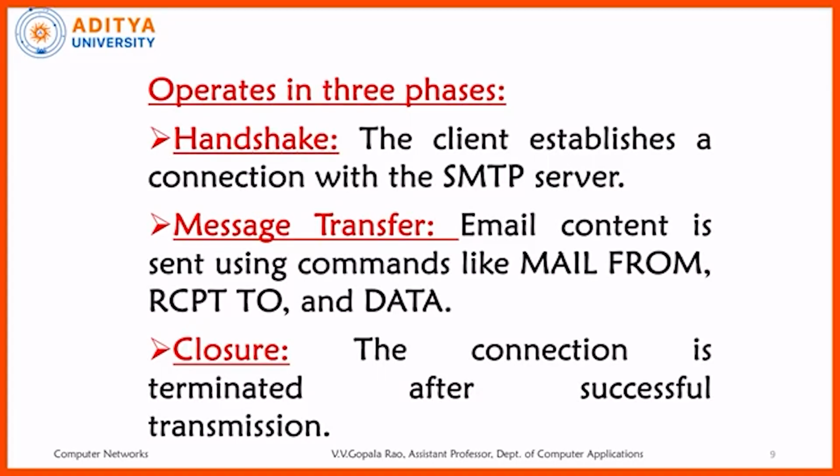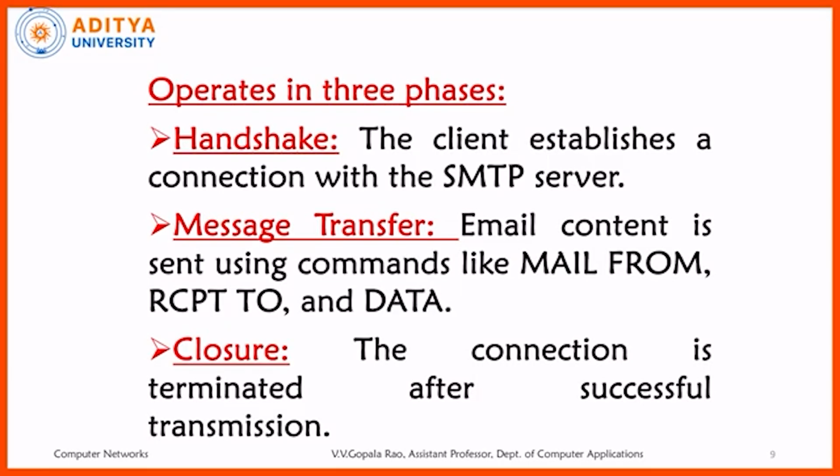Unless a connection is established, you cannot expect any kind of transmission between the client and server, because unless the receiver is ready to receive the message, why would the sender send it? Once the receiver is ready, there is a meaning to sending a message; if the receiver is not ready, there is no meaning in sending it.